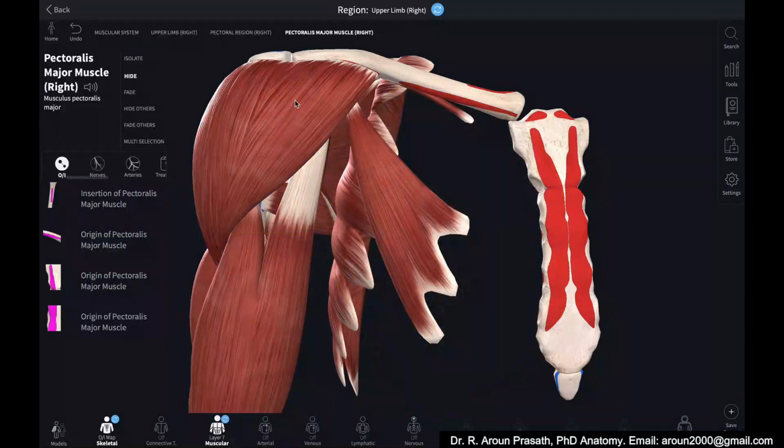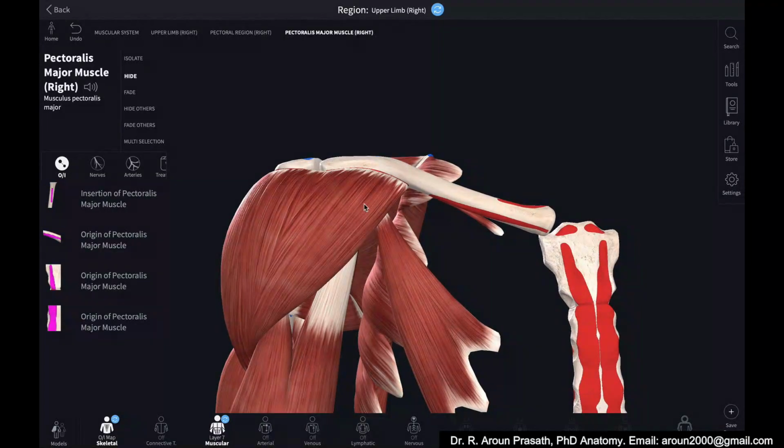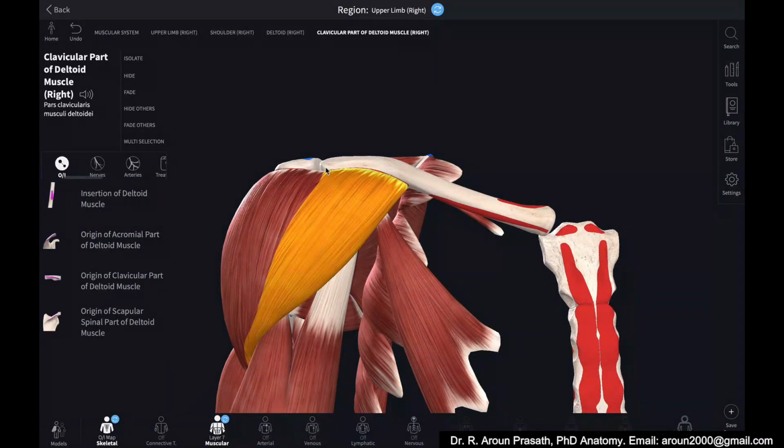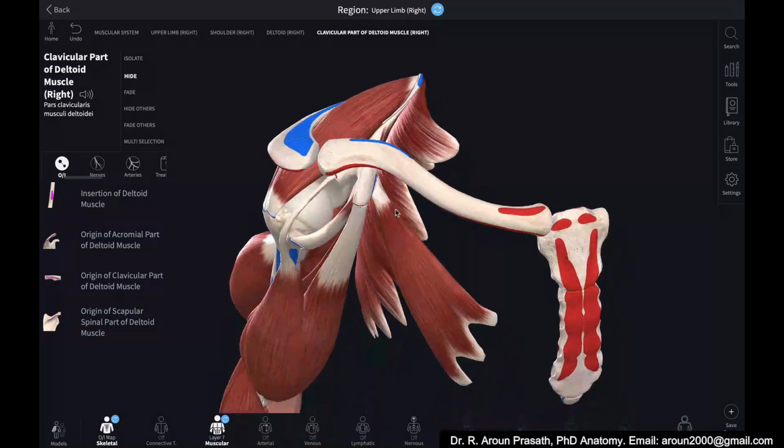Then this origin point is the deltoid muscle; the anterior fibers of the deltoid touch the lateral 1/3 curve of the clavicle.